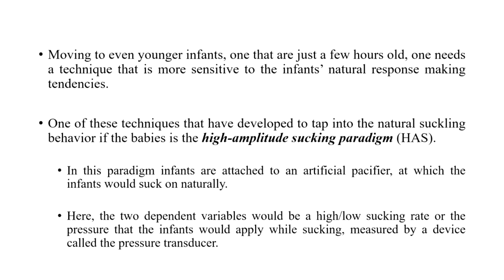Typically, what happens in this high amplitude sucking procedure is that they are attached to an artificial pacifier, which would sometimes provide a nutritive stimulus or not, and the infants would start suckling on it naturally. There are two dependent variables here. One is the rate at which the infants are sucking at the pacifier, and the other is the amount of pressure that they are applying at the pacifier.